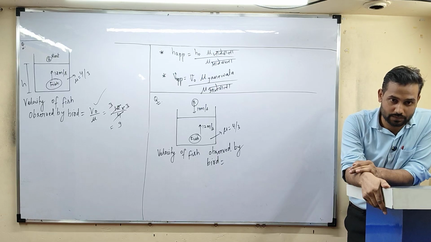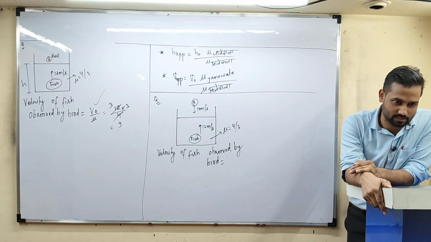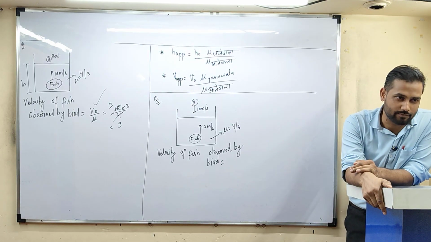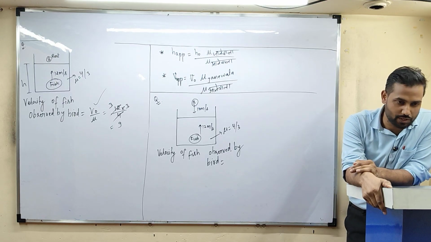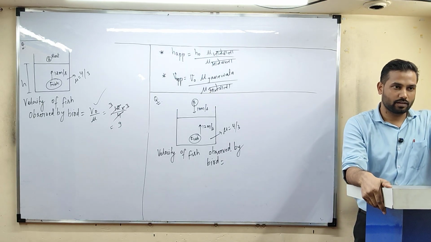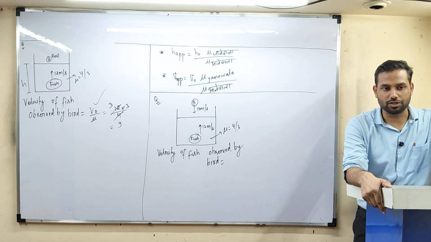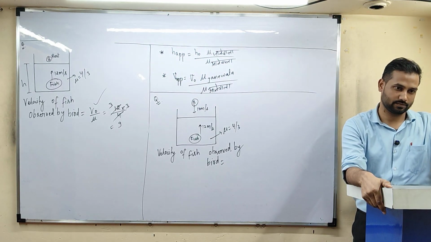Now in this scenario, the bird is not at rest. The bird has some velocity, let's say 10 meter per second, and the fish also has some velocity, 12 meter per second. In this situation, what will happen? What will be the velocity of fish that is being observed by the bird?